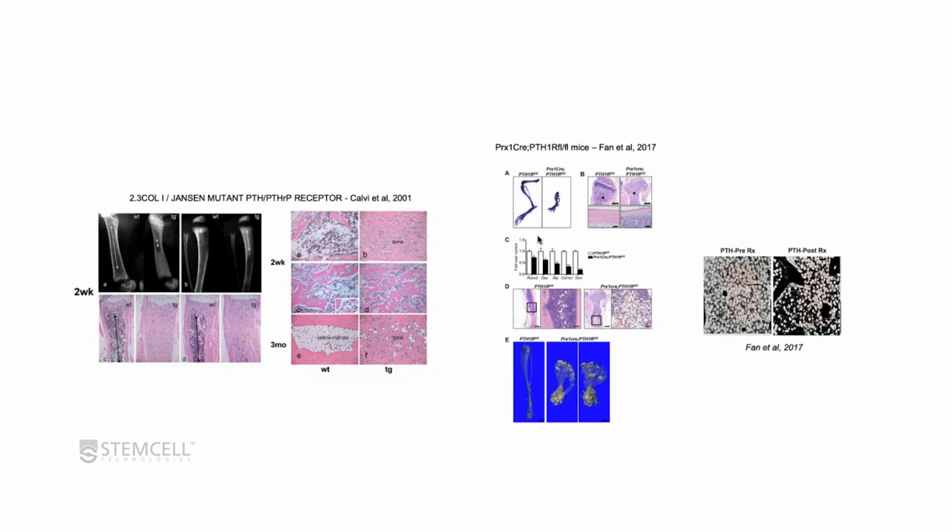And this is another transgenic model recently published by Fan and colleagues, in which the PTH-PTHrP receptor has been genetically deleted in mesenchymal progenitors expressing the Prx1 promoter. These mice are characterized by osteopenia and expansion of the adipose marrow.